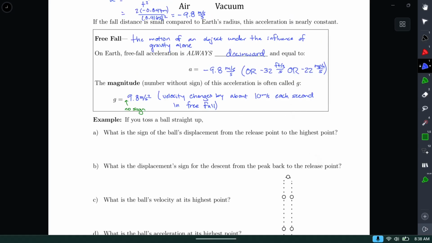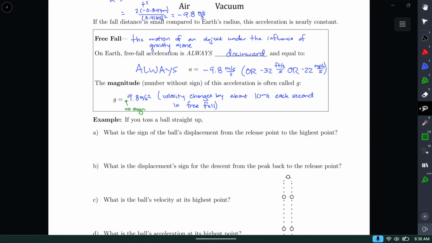The reason I have this highlighted, it's always downward and equal to this number right here. So this is also an always, is because you're going to mess up. At some point, I'm going to ask you a question, and the answer will be, as it always is, negative 9.8 meters per second per second. But you're going to pick a different number because it seems reasonable.